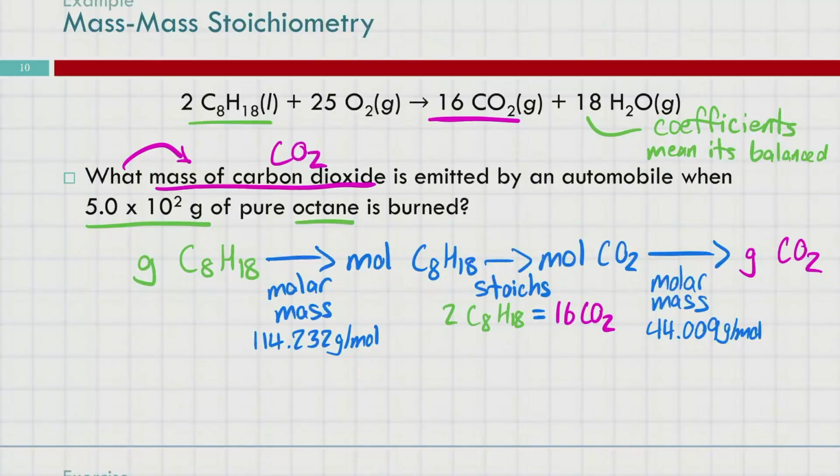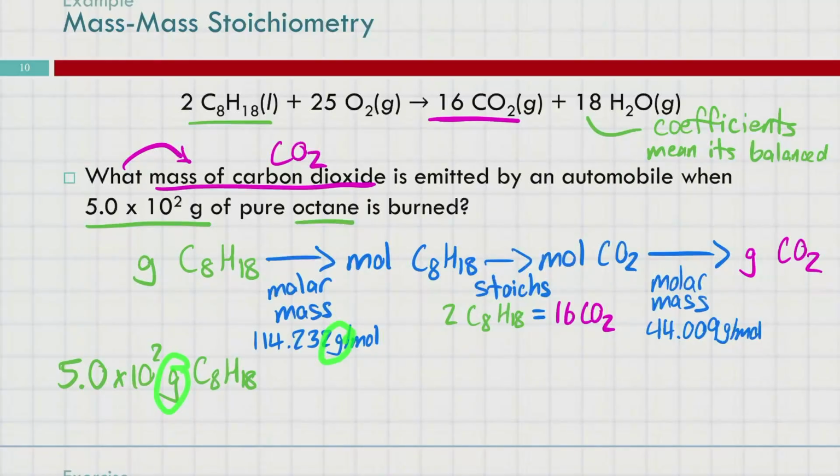And if we're using dimensional analysis, if we're looking at the units and letting the units guide us to our answer, that will inform us the way that we need to set up this calculation. So basically 500 grams of C8H18. We have grams. We need to get rid of grams to go to moles.